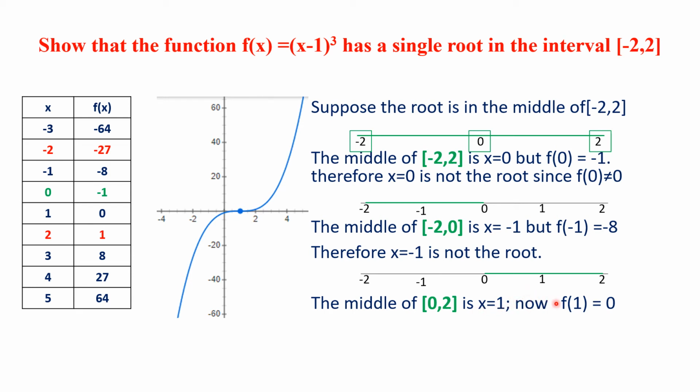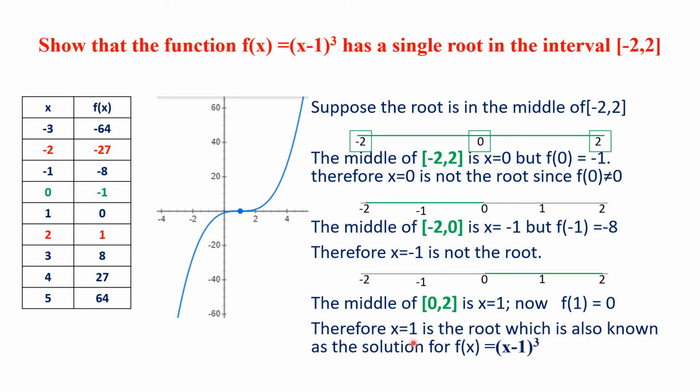From here we can see f of 1 equals 0. That means x equals 1 is indeed the root, which is also known as the solution for the function f of x equals (x minus 1) cubed. Let's take a look at another example.